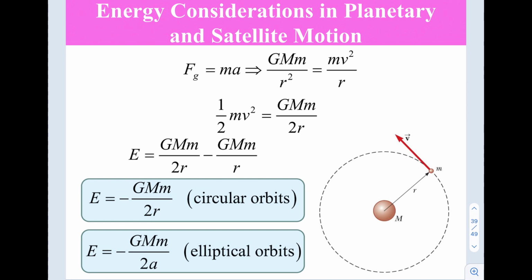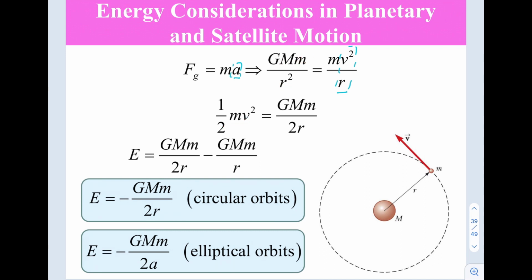And we know that Fg always obeys Newton's second law, which is equal to ma. And our a right now is approximately the centripetal acceleration, which is equal to v squared over R. So our Fg is G mass of the planet, mass of the object over R squared.